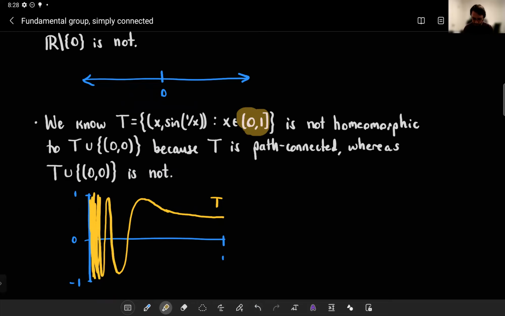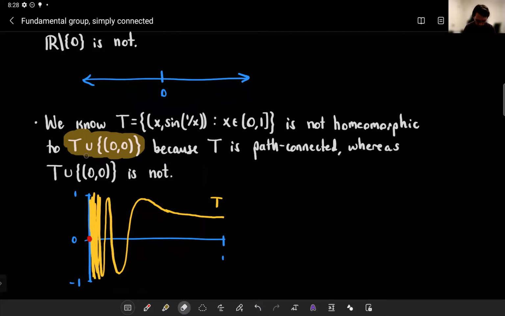And I'm going to say that's not homeomorphic to this space. Really small change. I think I've shown this one before. This set, the one I'm highlighting right now, is called the topologist's sine curve. And it's what you get by just appending a single point, that red point at the origin, to the rest of the set T.